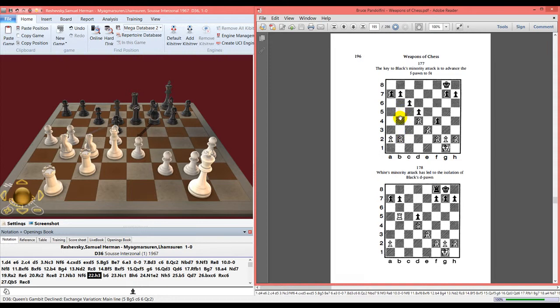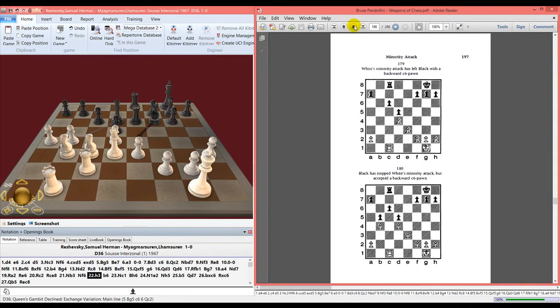Notice how each side has a minority attack, and if white can just get that pawn to b5 and black takes, then if white has a rook on b1, you see how the rook comes straight up, takes the pawn, and then it's attacking b7. Well, the b7 pawn it was attacking.